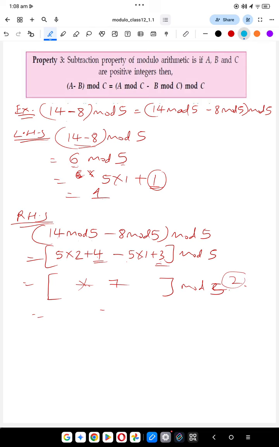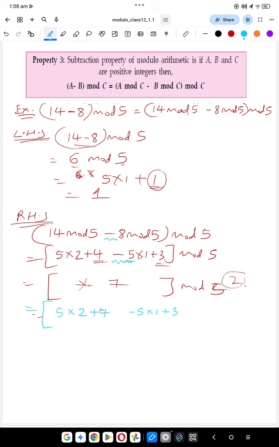See, here our sign is negative. The sign of this 8 is negative. So it is actually 5 into 2 plus 4, and then minus of 5 into 1 plus 3.